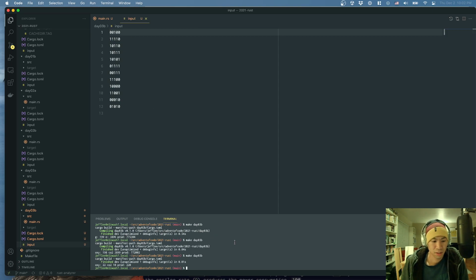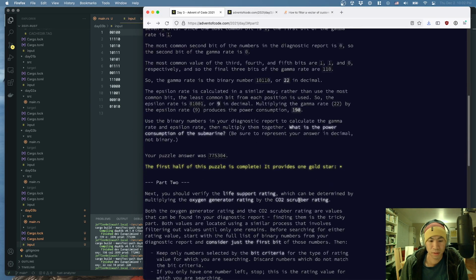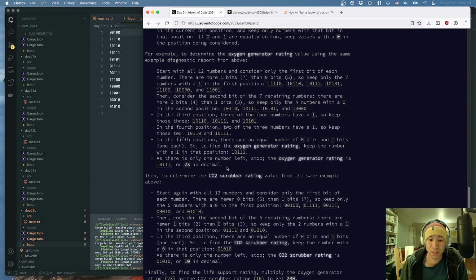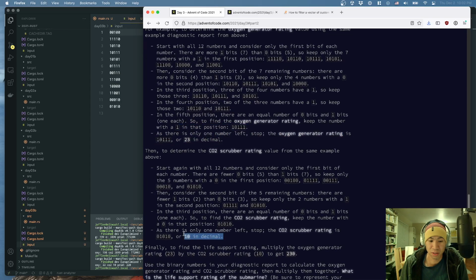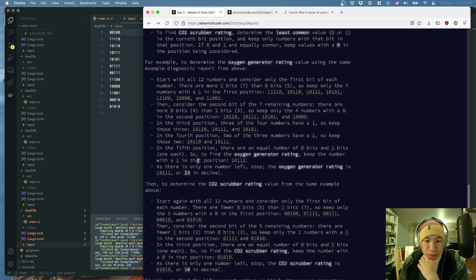We're going to run this. It thinks the oxygen is 22 and the CO2 is 10. Okay, so the oxygen one is 23 and the CO2 is 10 here. So we're off by 1, which is fun. Is it that my binary calculation is not working correctly?